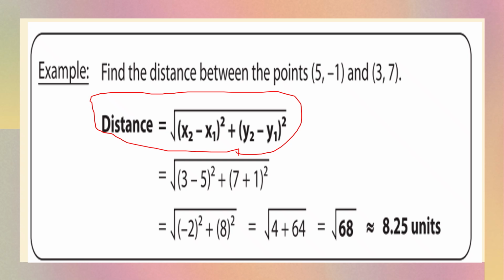From the given, we have 3 minus 5 squared plus 7 minus negative 1 squared, so that's 7 plus 1. So we have negative 2 squared plus 8 squared. So we have the square root of 4 plus 64, or the square root of 68.